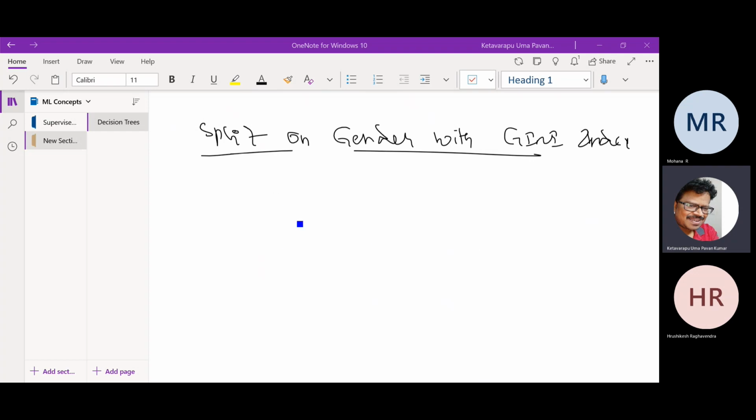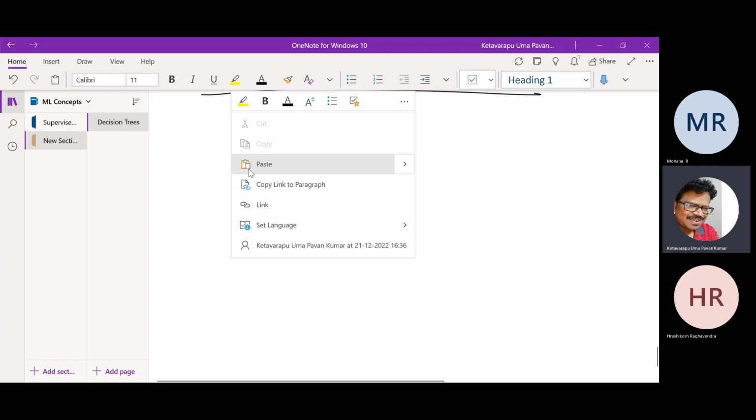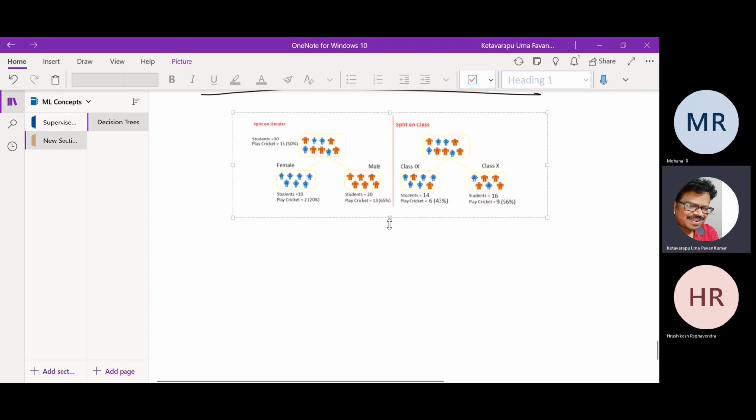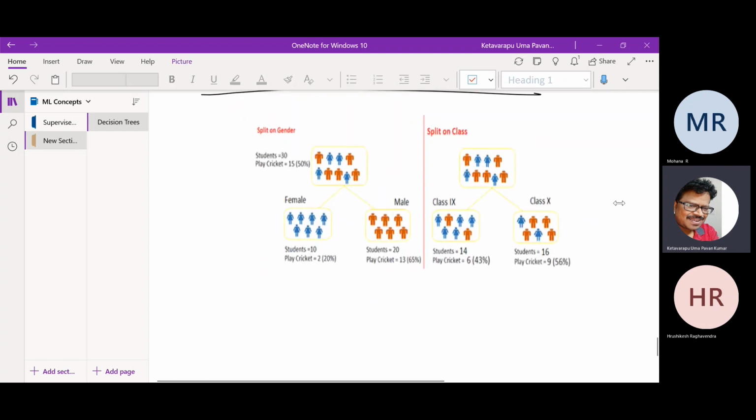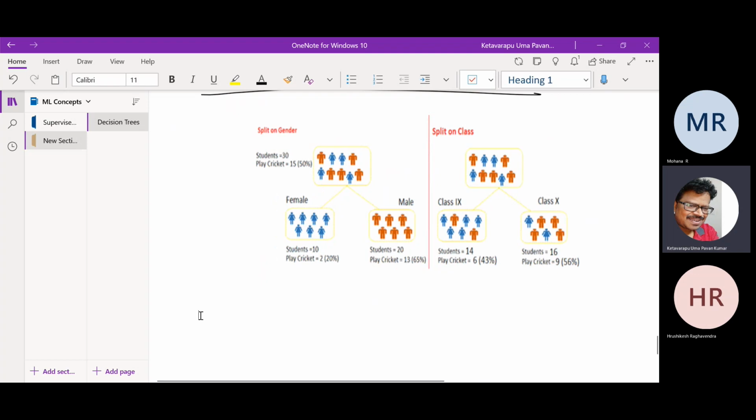So let me pick, because we need to have those numbers with us so that we can make use of the convention. Have a look at this. A very simple diagram where the left is the gender and the right side is class, where we are having a split on the class.